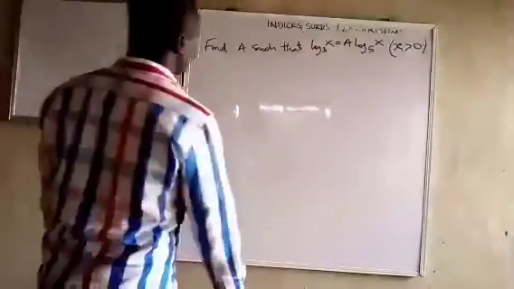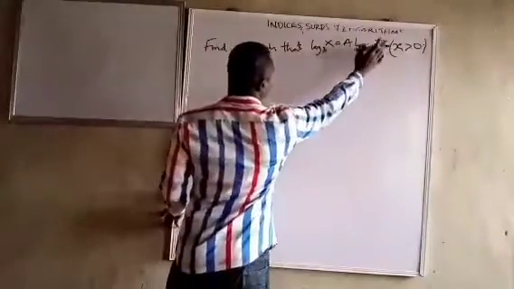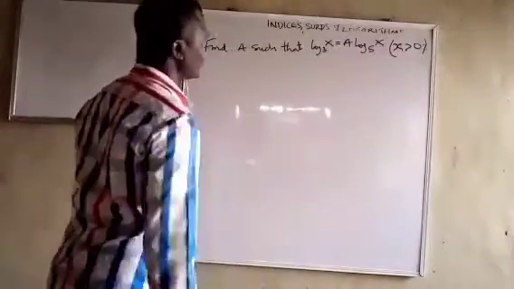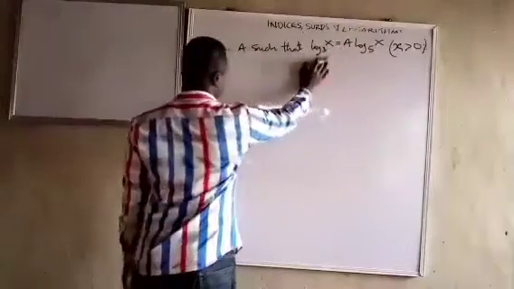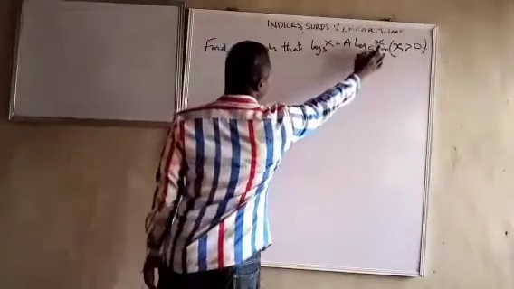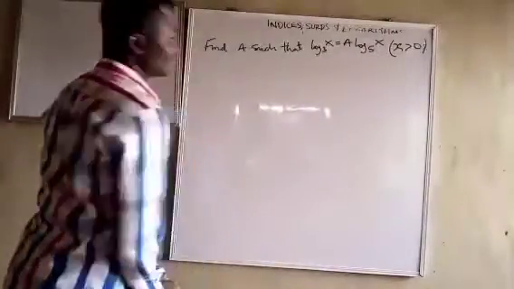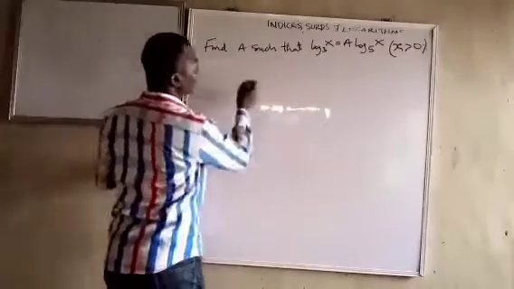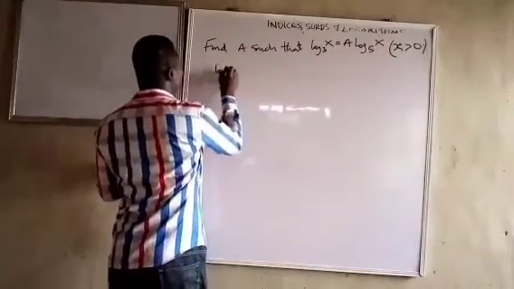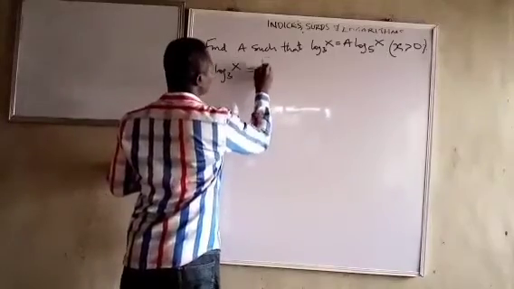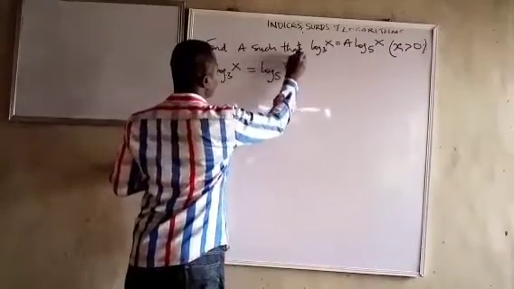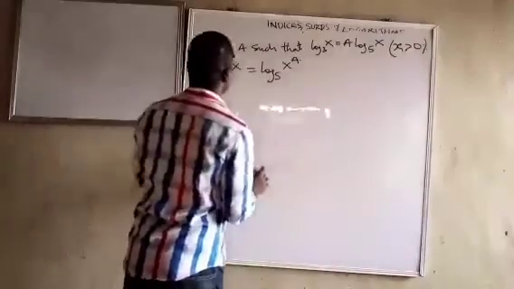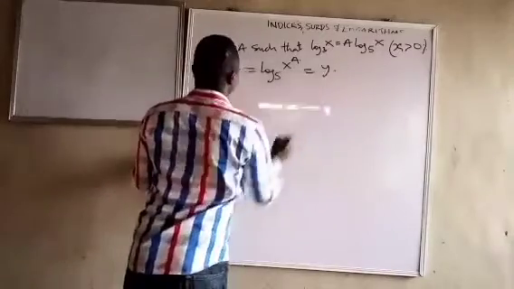Find a such that log x base 3 equals a log x base 5 for x greater than 0. That is log x to the base of 3 and a log x to the base of 5. Therefore, let's quickly work this out. Let's say this is y.